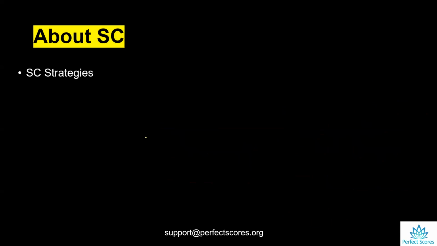So let's start with sentence correction. A few important strategies only for sentence correction. The first is about the first option. Since you've given a practice test, you have seen questions of sentence correction, you might know that option A is exactly the same as the original sentence. So you don't need to spend extra time reading option A again.